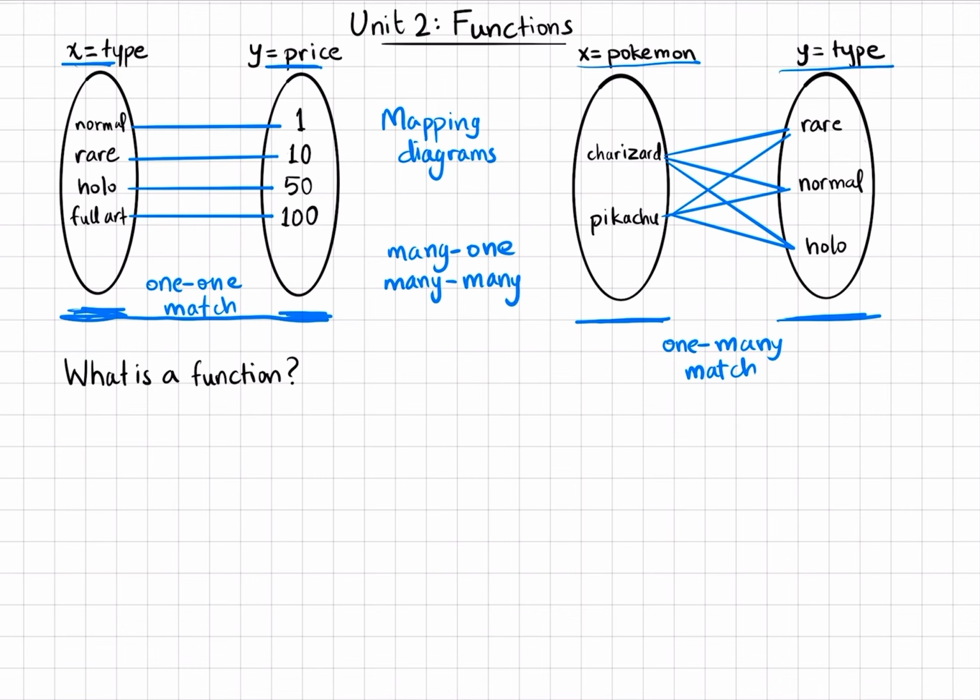So in many-to-one, many items in the first set can match to one item in the second set. So think of this example here, but the other way around. And in many-to-many, many items from the first set will match to many items in the second set, so it will have several lines going back and forth. Okay?